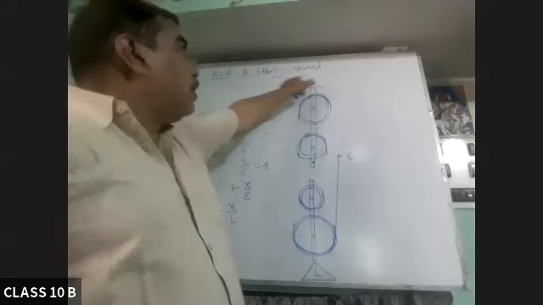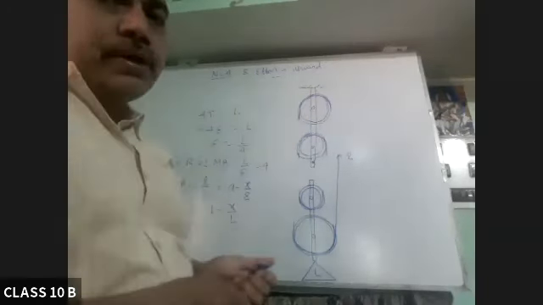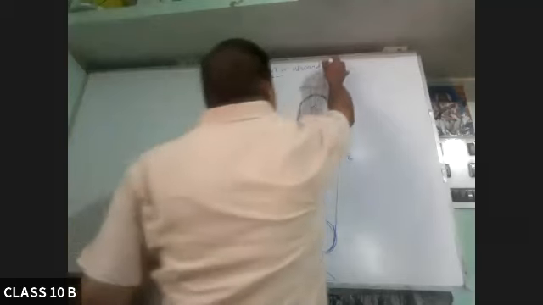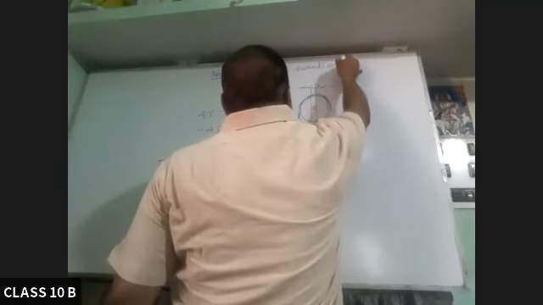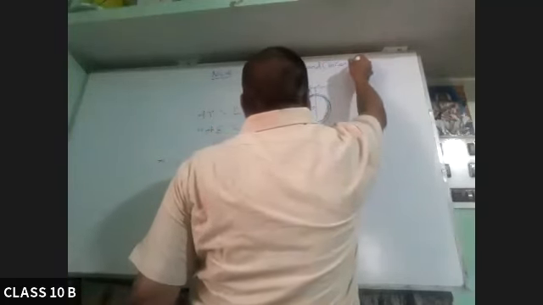Sir, can you read the lines which you have written? 4T is equal to L, n is 4 and effort is upward. That is inconvenient, so we are applying effort in an inconvenient direction.